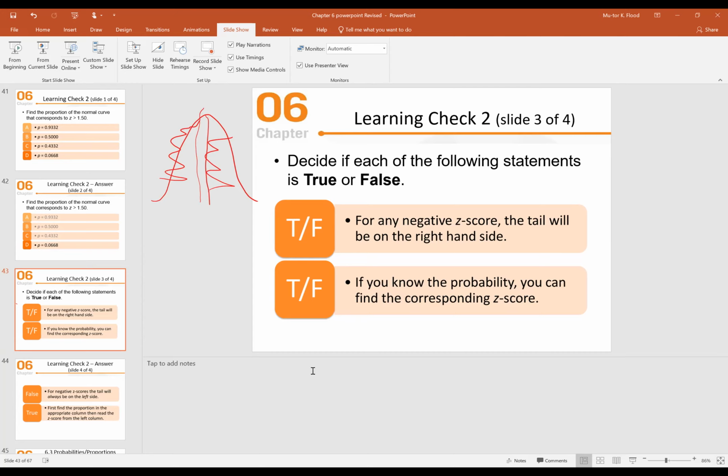For any negative z-score, the tail is going to be on the left-hand side. And for any positive z-score, the tail is going to be on the right-hand side. You can just draw that out to figure that one out.